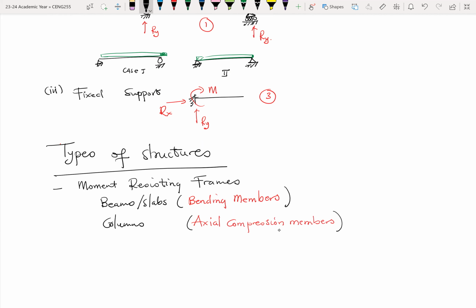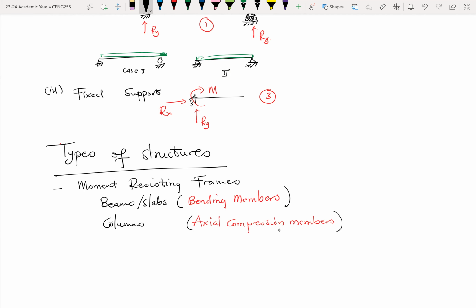So when you get into, I think, third year, and you start doing your design, maybe in RCD and timber and steel design, you'd come across these terms a lot: bending members, and then axial compression, or maybe axial tension. But axial tension is normally not used for columns. They're normally used for braces. We have some structural members that we call braces. Maybe when we get a chance, we can look at what some of these things are.